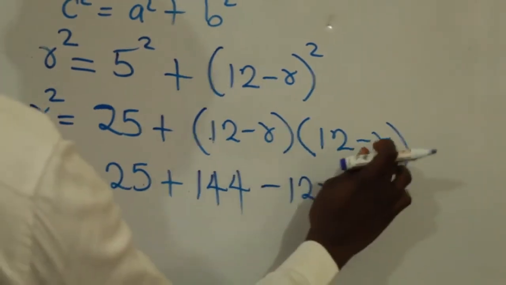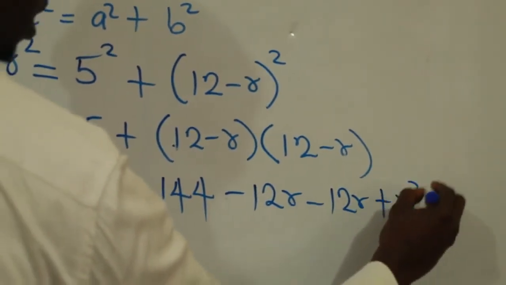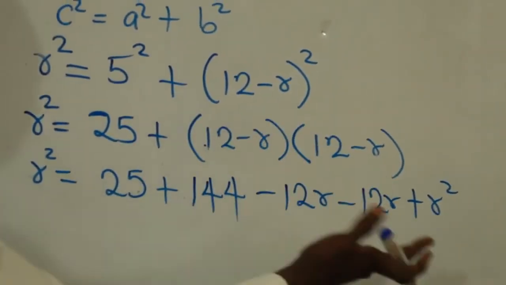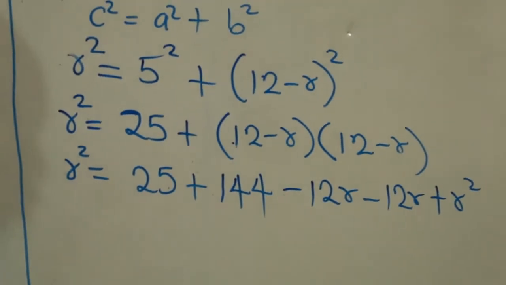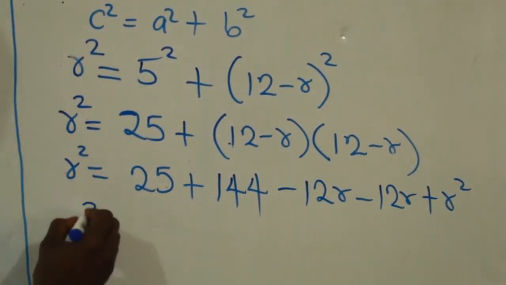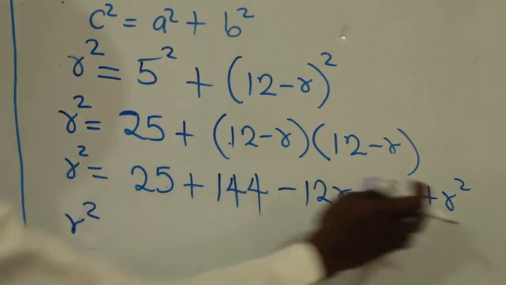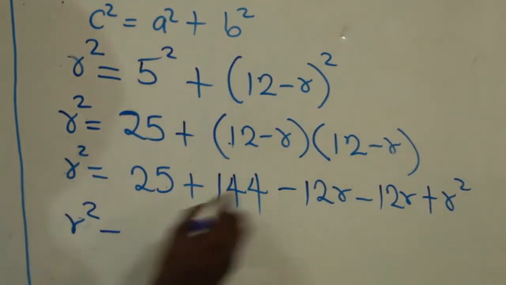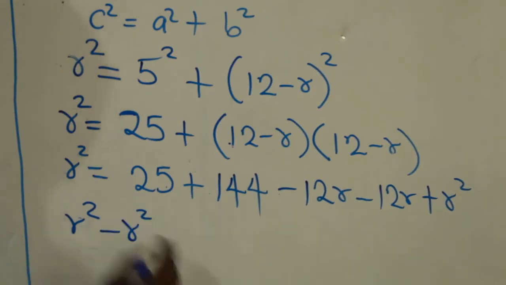Minus R times minus R will give us a plus R squared. So if I take all the R values to the left-hand side of the equation, this will become R squared, which is this R squared, minus this R squared.